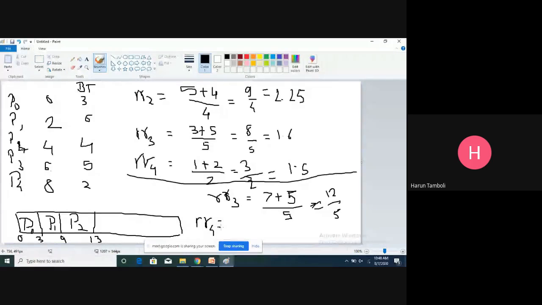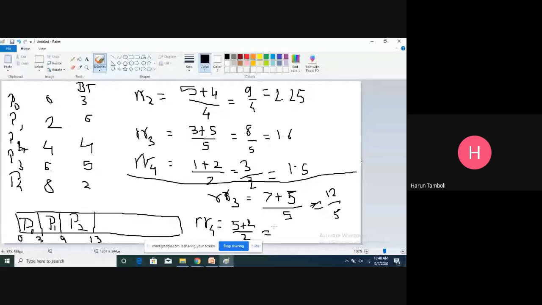So at 30, the waiting time for P4 is 30 minus 8, that is 5, plus the burst time, which is 2, divided by 2, that is 7 by 2, which is 3.5. So P4 is 3.5, and P3 is 2.4.